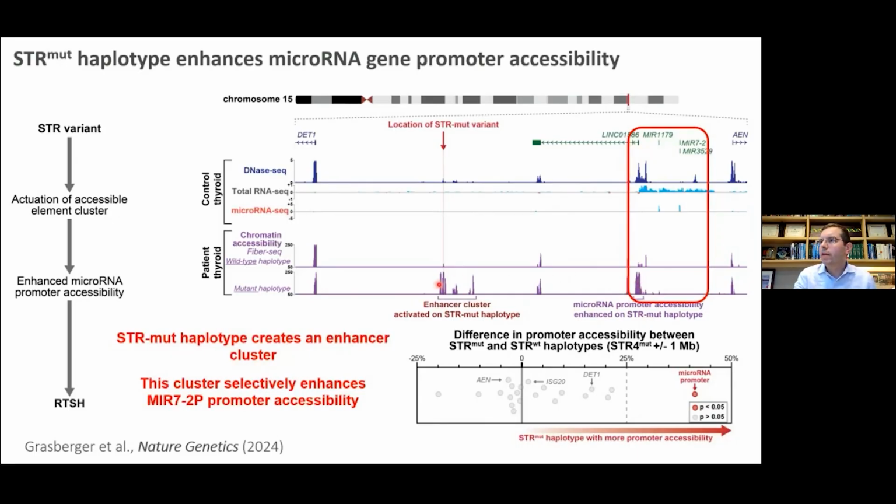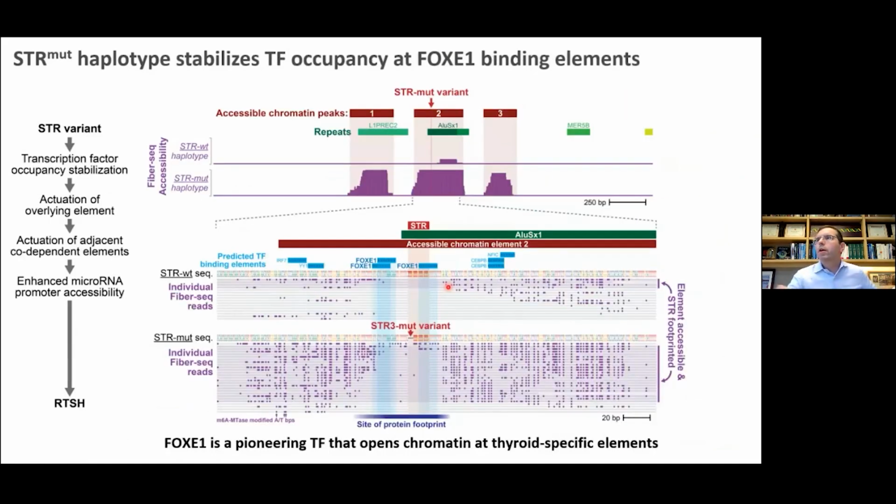But we can do better. We can zoom in to this specific element to get a better understanding of what's going on. This is where we benefit from the single molecule, near nucleotide resolution of the Fiber-seq data. If we look at the actual fibers from this mutant haplotype, we can appreciate a strong footprint directly and selectively occupying these fibers right over this site, and this corresponds to these adjacent FOXY1 binding elements.